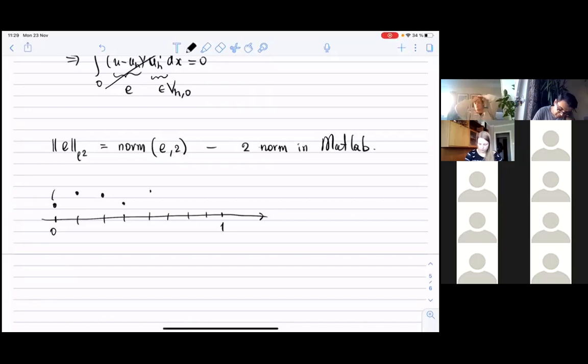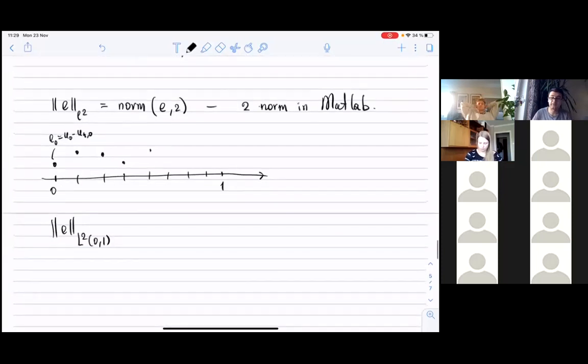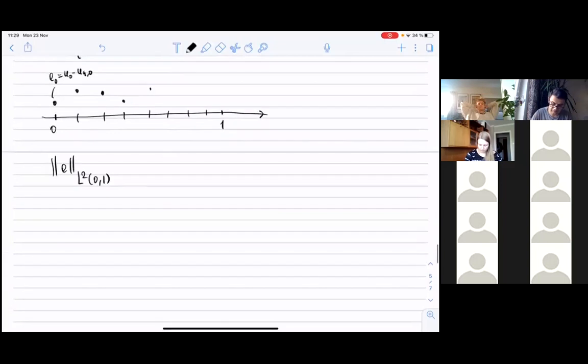These are pointwise. e_0 equals u_0 minus u_h0, for example. The error is calculated pointwise, but in finite element, we have to calculate this error in capital L2, 0 to 1. This error is different. It's an integral. So I can just draw it quickly like that.